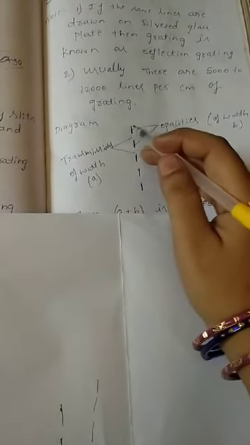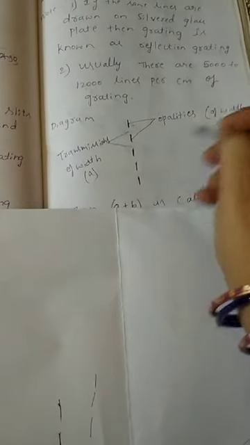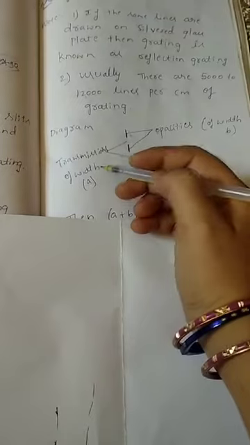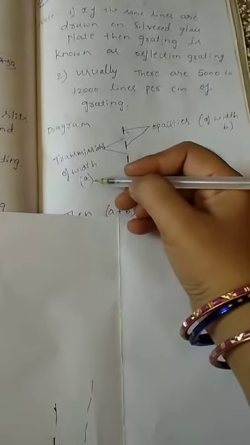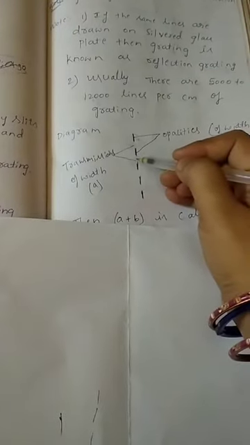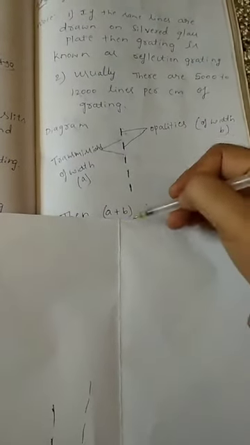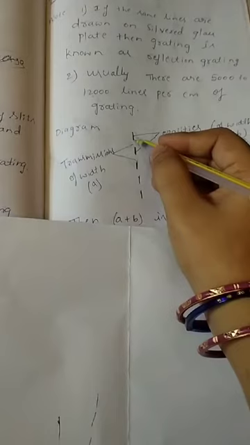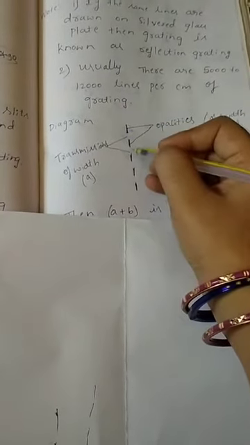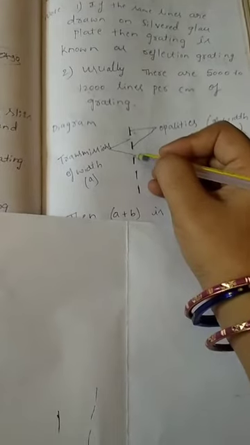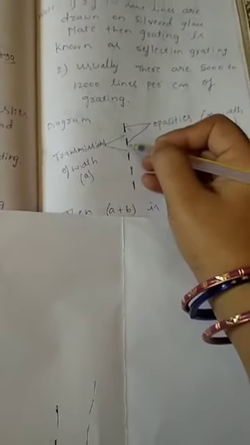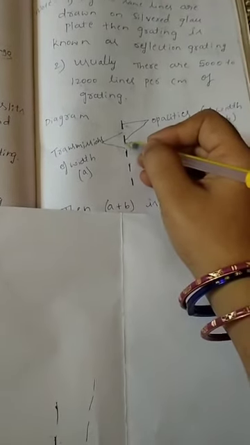You know that all the opacities should be of equal width; if I call that width b, and all the transmissions should be of equal width, if I call that a, then from one slit to another slit, what is the distance? That will be equal to a plus b. If this is the starting point of the first slit, here also you should take the starting point of the second slit.